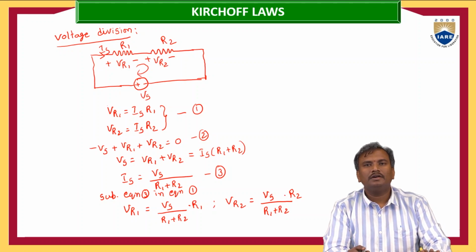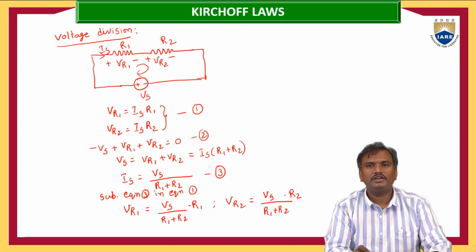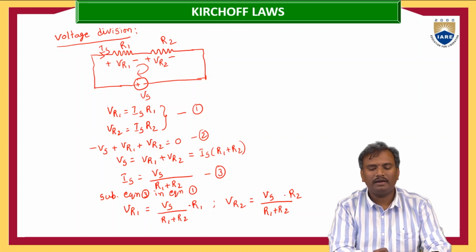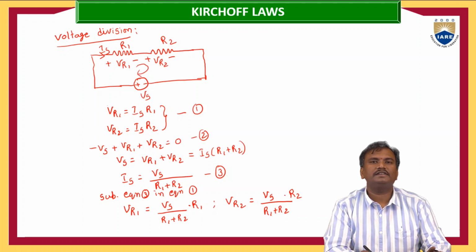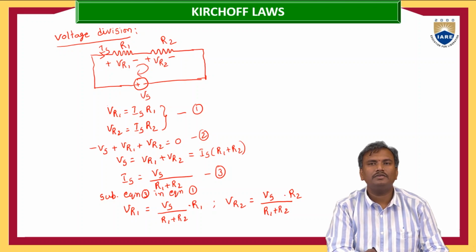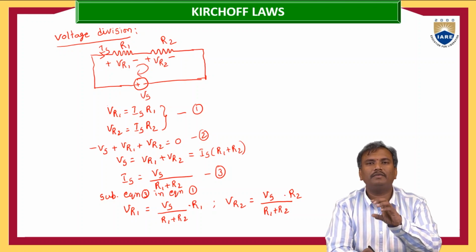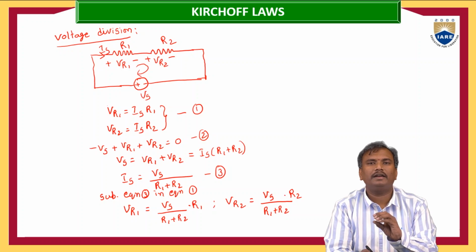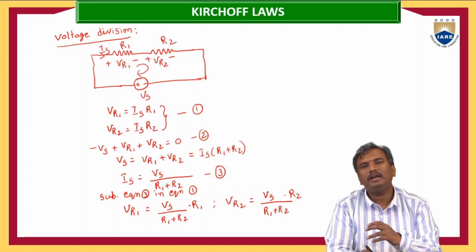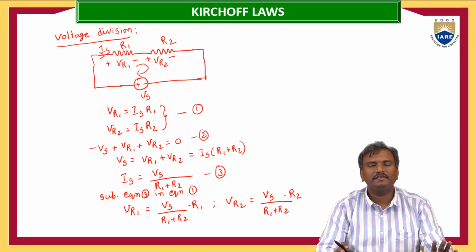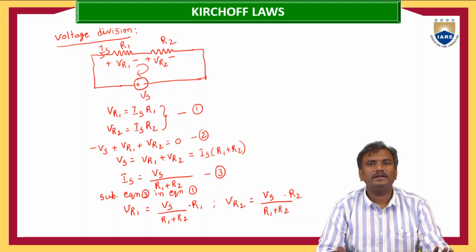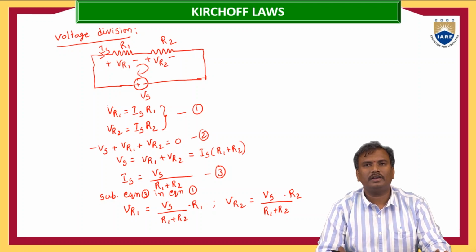So here the voltage division rule is nothing but voltage across any particular series connected element is equals to the total voltage multiplied with that particular element resistance value divided by sum of resistances. This is the voltage division which we are going to get from the Kirchhoff's voltage law.